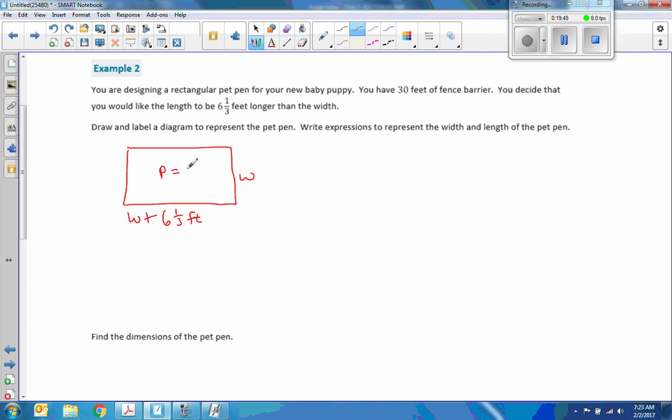We want the perimeter to equal 30 feet. Remember, perimeter is this side, plus this side, plus this side, plus this side. So we let the width of the pen be W, and the length of the pen be W plus 6 1/3. So this is length. The width plus 6 1/3 feet.